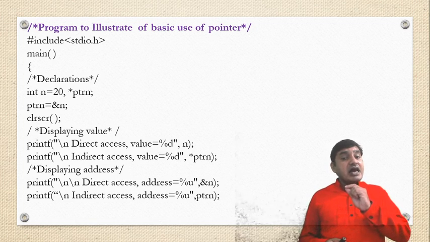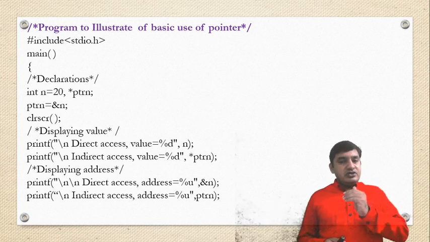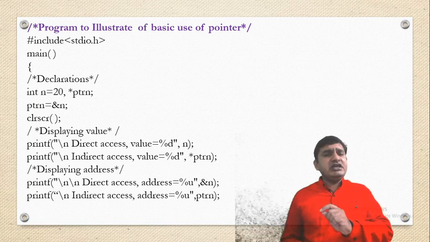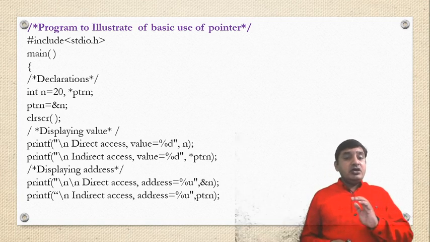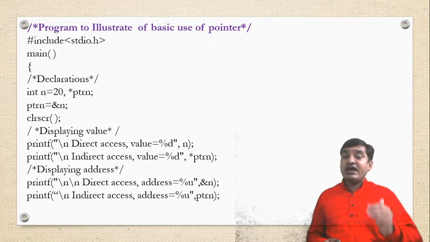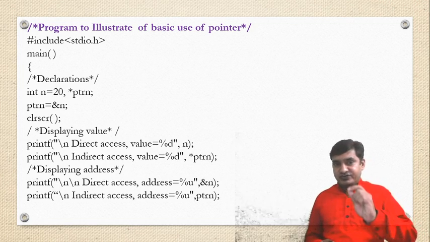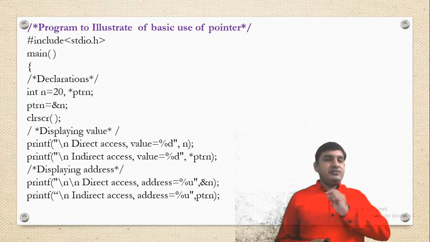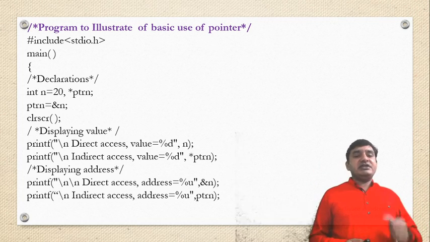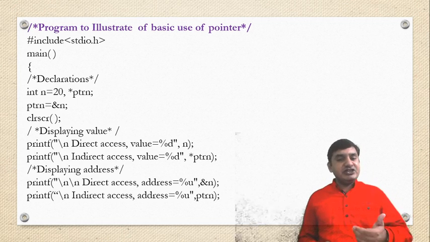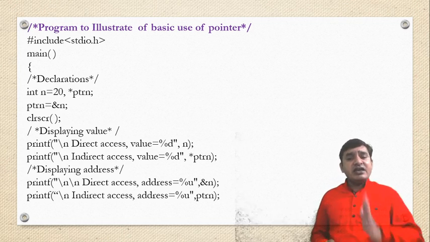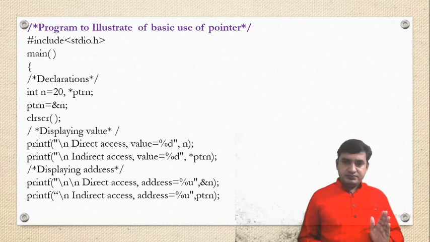Address of n, that is where the value n equal to 20 is stored. We have to display the address of that value. Indirect access address of %u, again we display the address using the pointer.